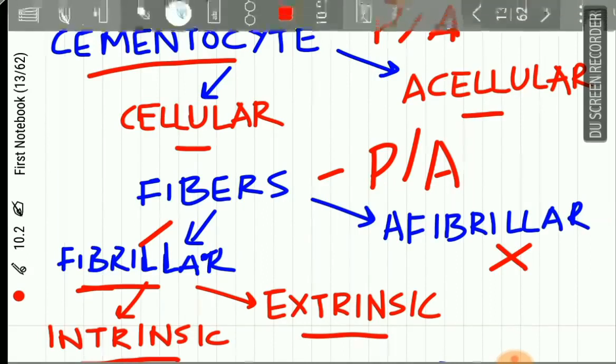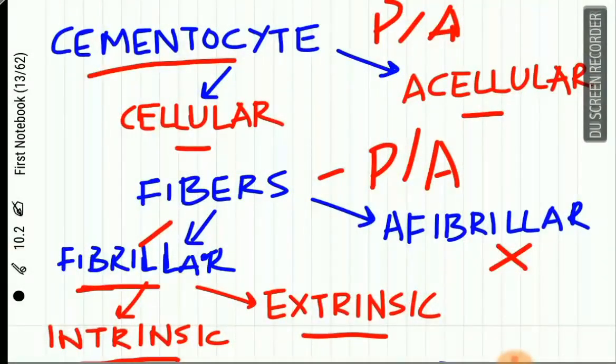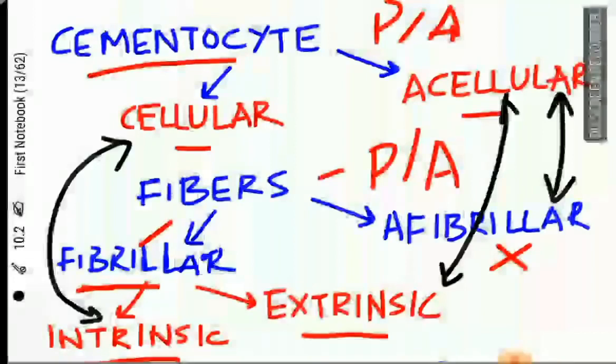Now, depending upon the various combinations of whether the cementum is cellular or acellular, fibrillar or afibrillar, there are several types of cementum. The important ones are the acellular extrinsic fiber cementum, the cellular intrinsic fiber cementum, and the acellular afibrillar cementum.